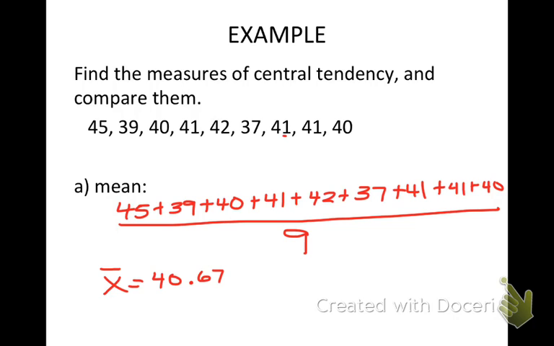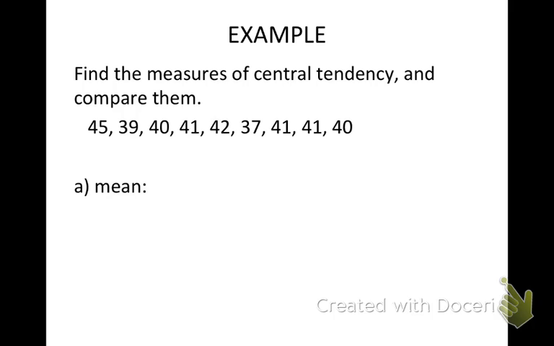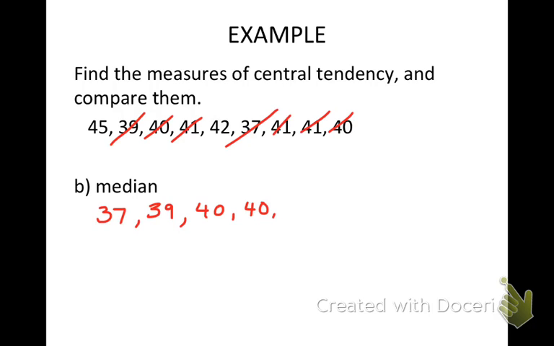Okay, so now how do we find the median? So we first need to make sure our numbers are in order. Are my numbers in order? No. What's my smallest number up there? All right, so I'm going to do 37. Then what's next? 39. So the median's probably the most annoying measure to find because you have to line them all up. 2 40s? Yep. 3 41s.